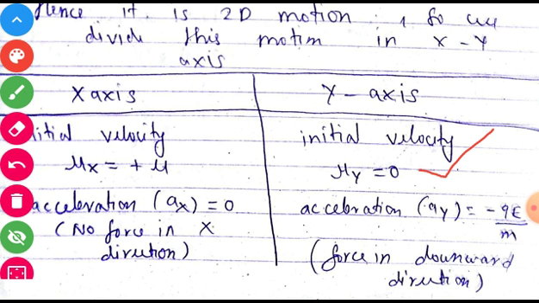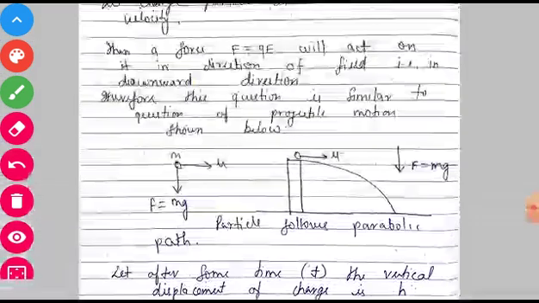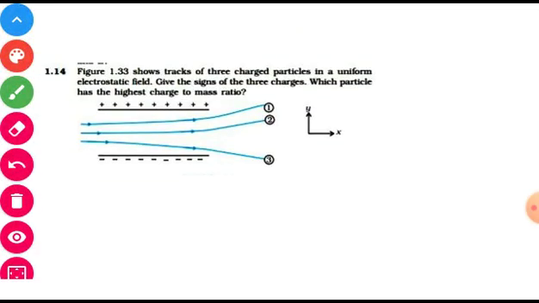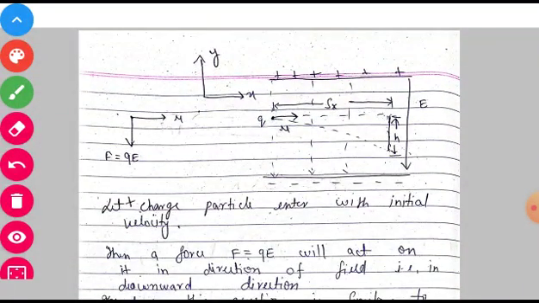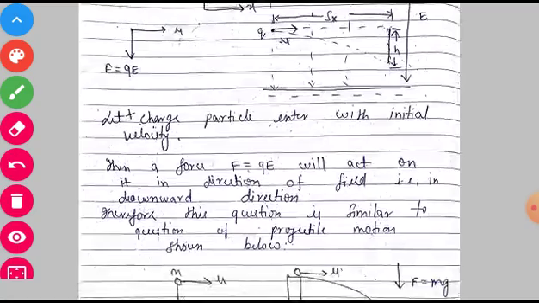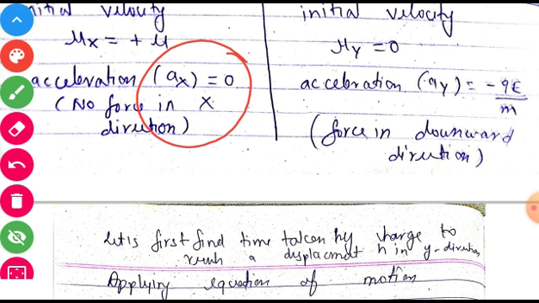Now talking about the acceleration. We all know that acceleration is force upon mass. So acceleration only comes when there is some force. But as we clearly see in the diagram, there is no force in the horizontal direction. There is only one force in the vertical direction, and that is the electrostatic force. So there is no force in the x direction. Okay. So since there is no force in x direction, therefore the acceleration in x direction will be 0.